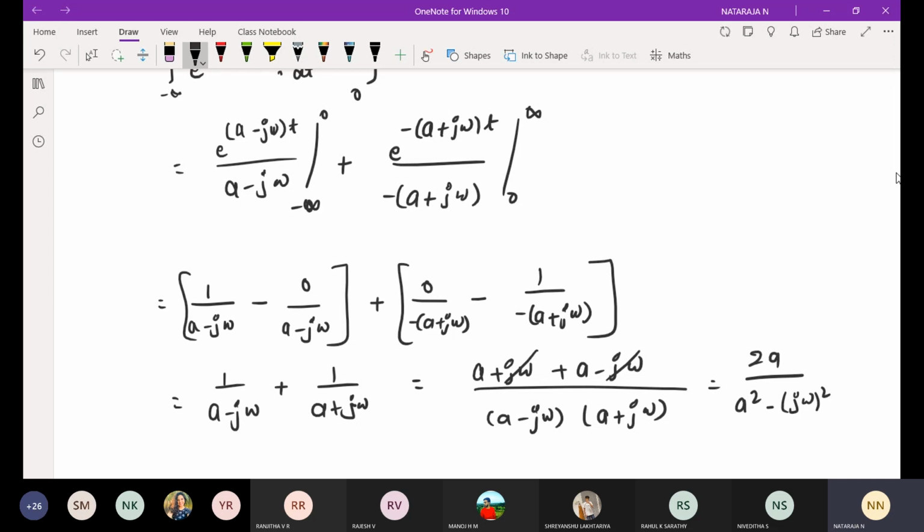J square is minus 1, so you get a square plus omega square. So the result is 2a by a square plus omega square. This is the final equation, and for this equation we need to draw the spectrum.